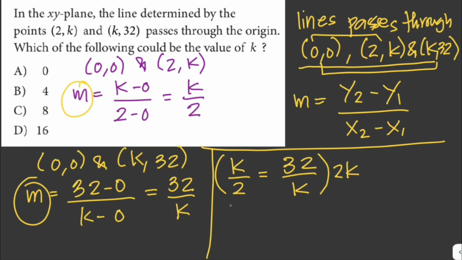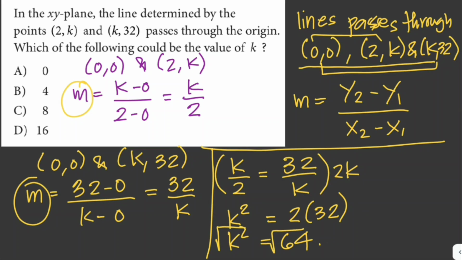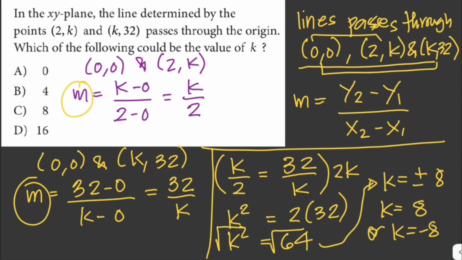So this would be k squared equals 2 times 32, so k squared is equal to 64. Solving for k, we take the square root of both sides. Therefore, k is equal to plus or minus 8. So we have k equals positive 8 or k equals negative 8.